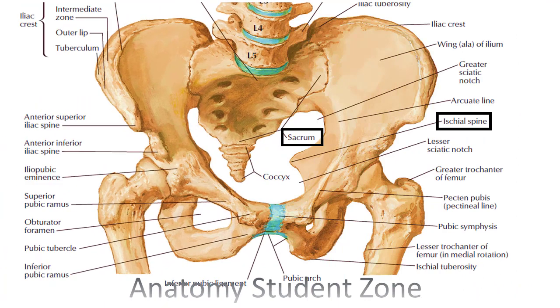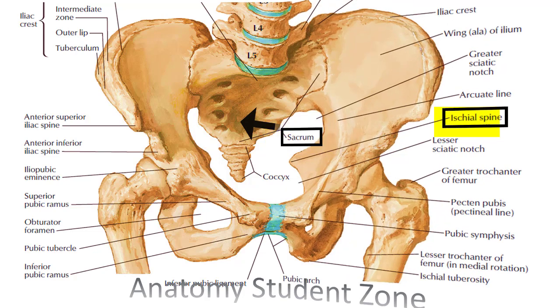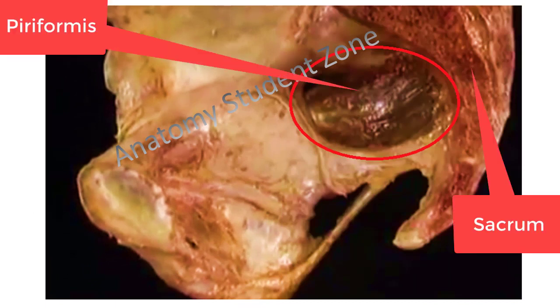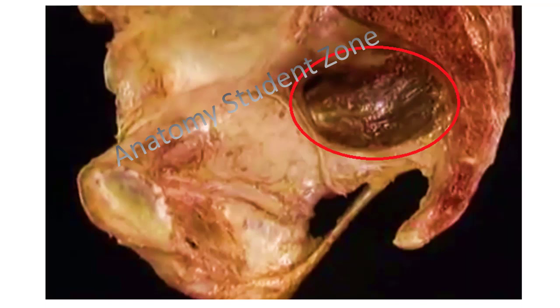So dear friends, you can easily identify these muscles on dissection. For this, just remember two bony points. The first bony point is the sacrum bone and the other is the ischial spine. When you feel the sacrum bone, you can easily trace the origin of one muscle, the piriformis muscle, and you know this muscle forms the posterior wall of the pelvis. The sacrum bone is located posteriorly, and when we trace this bone, we can easily identify the piriformis origin.